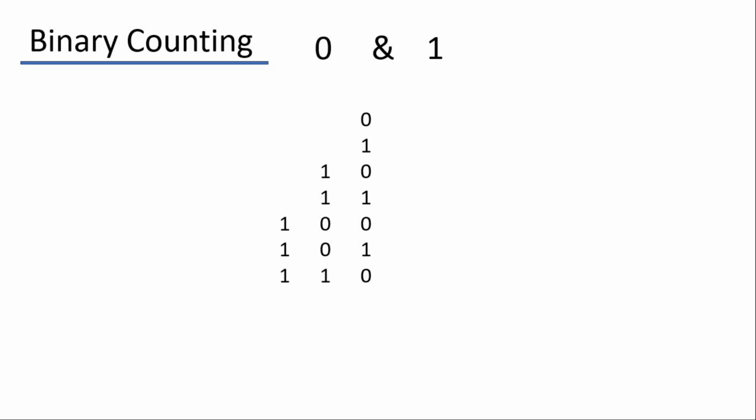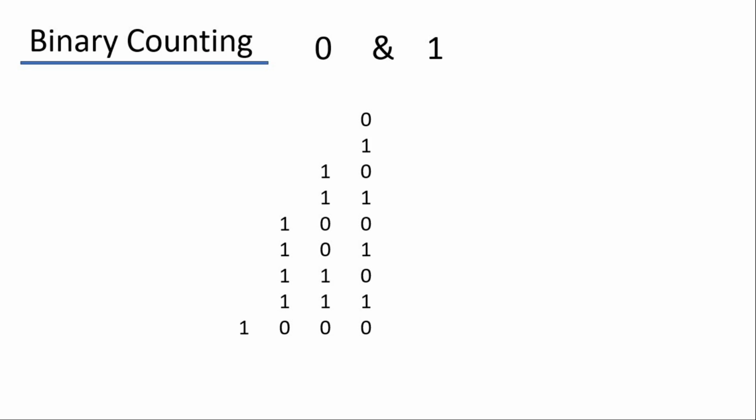So the next count will be 110, and by adding 1 to the last bit, the next count will be 111. Now we have reached the maximum value for all the bits, and we do not have any further combinations. Therefore, we now reset all the bits to 0 and add 1 to the next position, and so on.